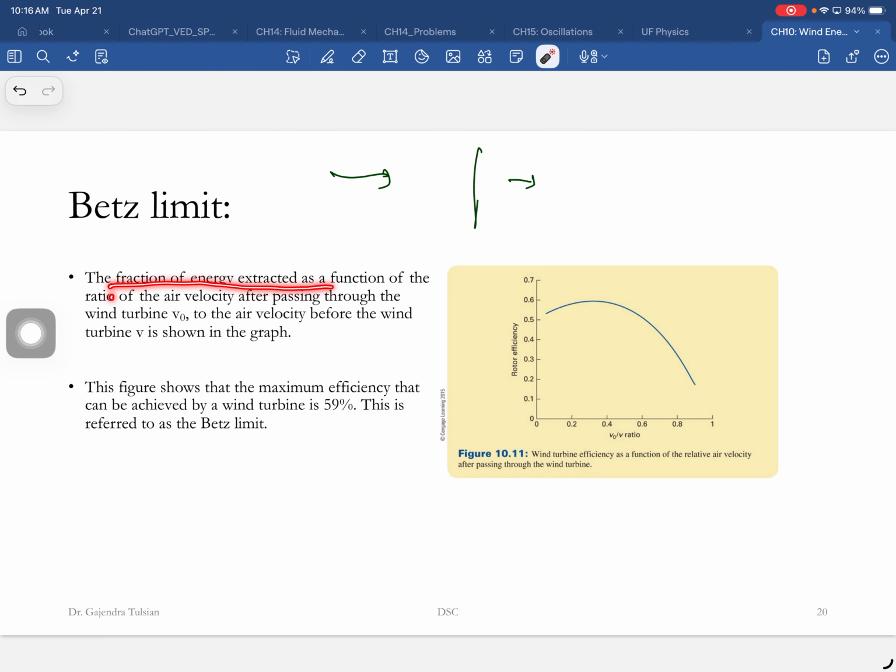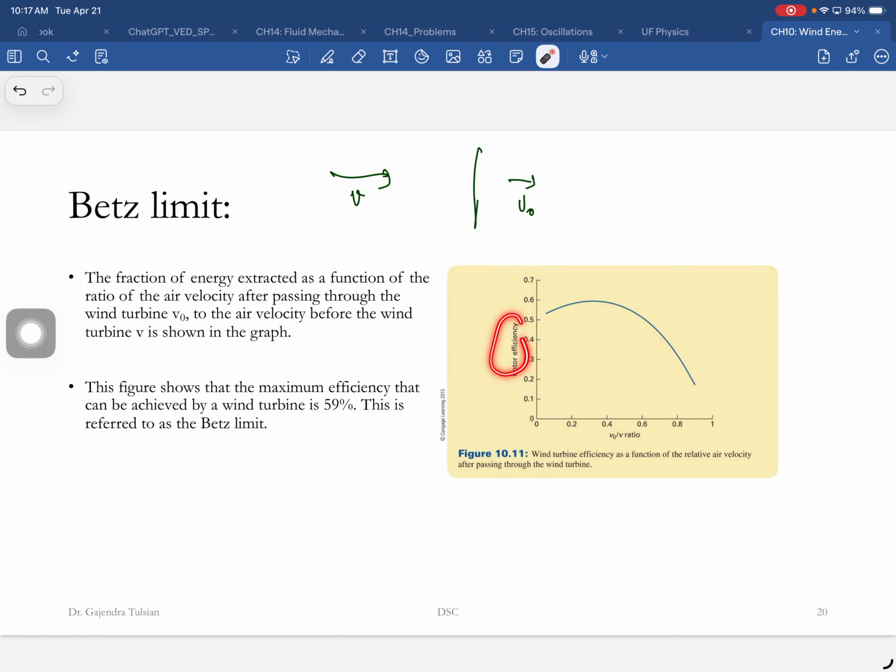The fraction of the energy extracted as a function of the ratio of the air velocity after passing through the wind turbine, V0, to the air velocity before the wind turbine, V, is shown in the graph. V0 is slower than V, and these ratios are less than 1.